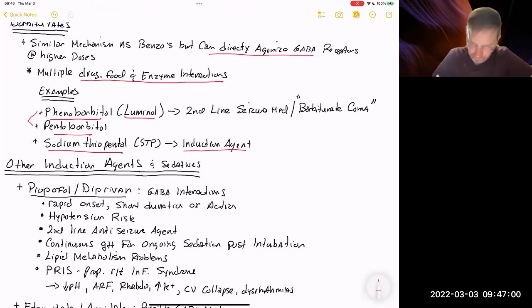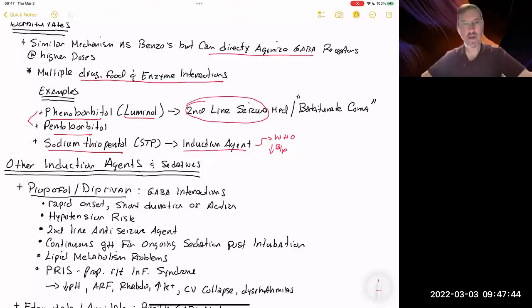It's not given so much in the United States anymore, but it is actually on the World Health Organization, the WHO, list of essential medications to have around the world, and so it is commonly used as an induction agent outside of the United States. It's very rapid acting, like I said, with a short duration of action, but it does tend to impact the blood pressure very heavily. It can cause hypotension.